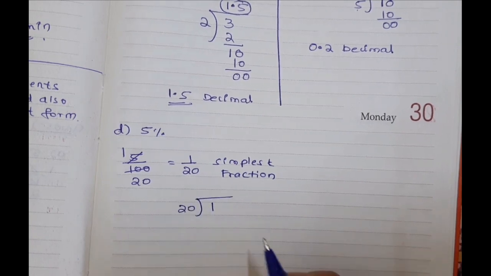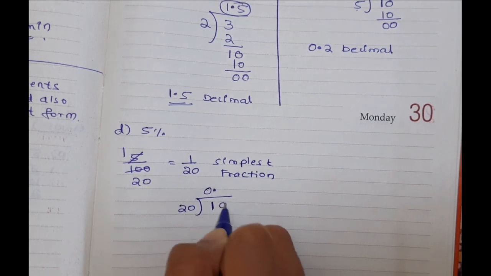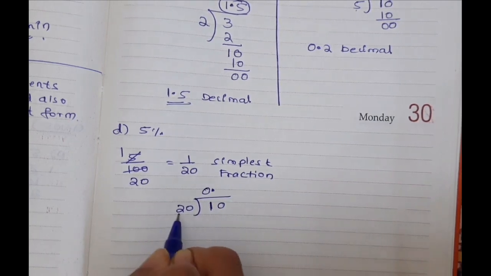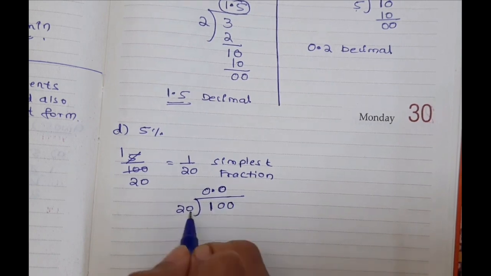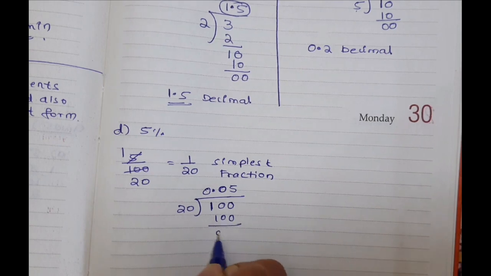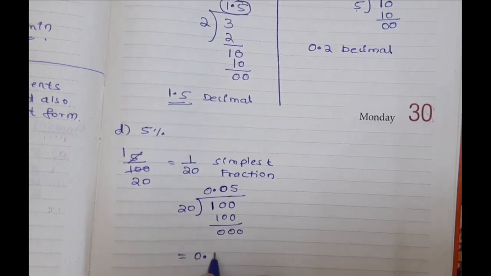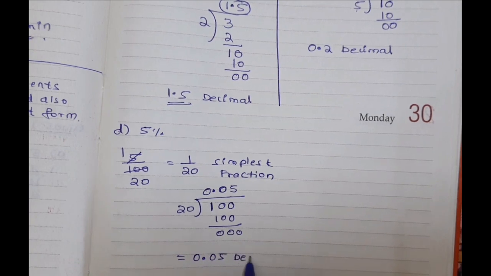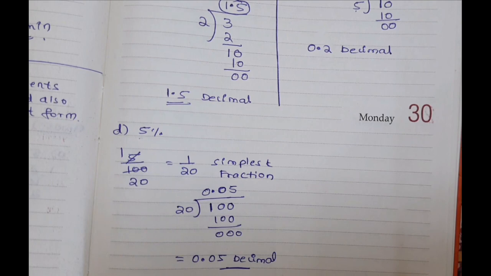Divide 1 by 20. 1 is less than 20. So let me put a point here and a 0 here. 10 is also less than 20. So let me put a 0 here and a 0 here. 20 5s are 100. 100 minus 100 is 0. So the answer is 0.05. This is the decimal form of 5%.